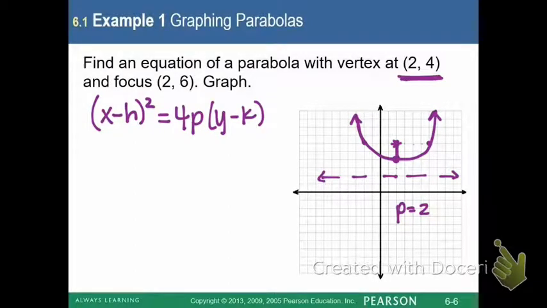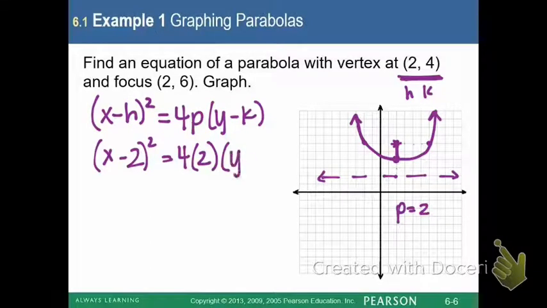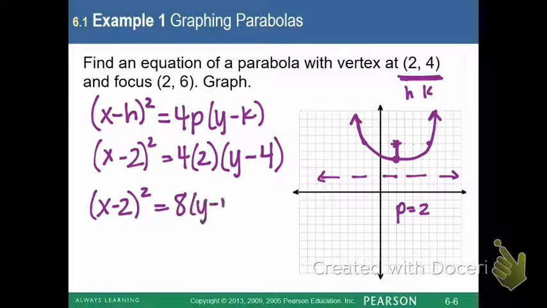The vertex is (h, k). So I'll have (x minus 2) squared equals 4 times, we said p was equal to 2, and then we've got (y minus 4). So our final equation is (x minus 2) squared equals 8 times (y minus 4).